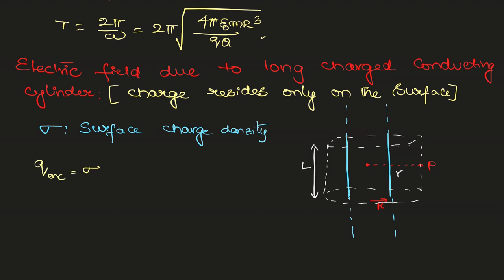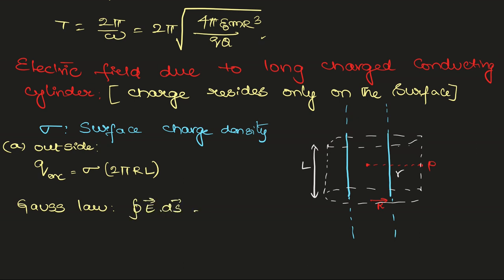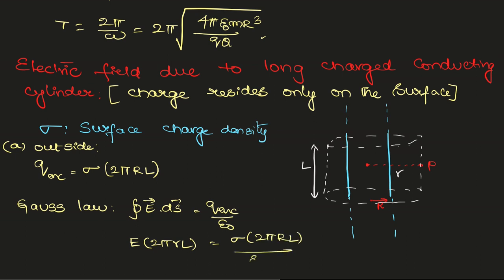It will be equal to sigma into curved surface area of the cylinder, that is 2 pi R L. So now if I apply Gauss law, at a point outside we are speaking, integration of E dot dS will be equal to Q enclosed by epsilon naught, or E into 2 pi r L will be equal to sigma into 2 pi R L by epsilon naught.